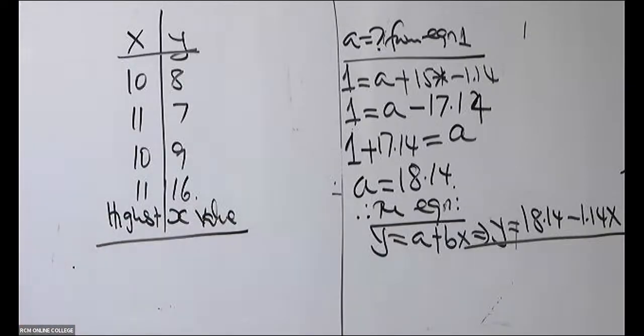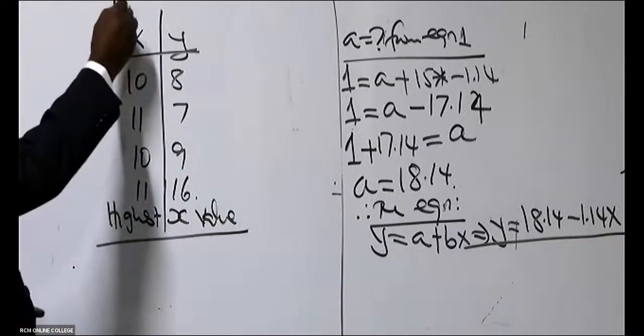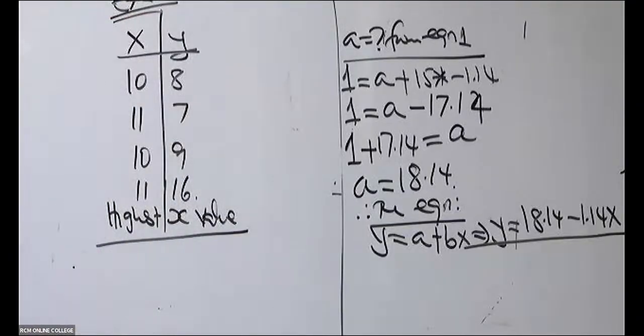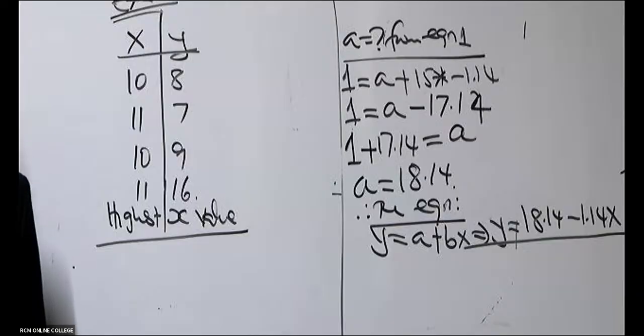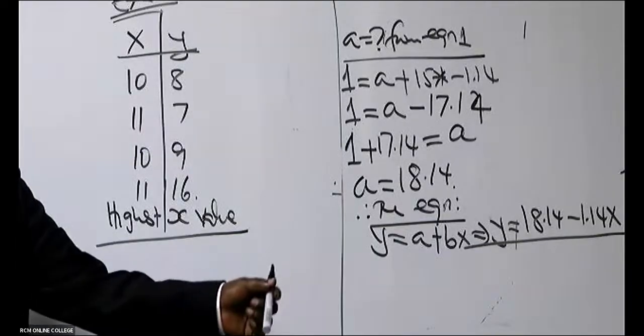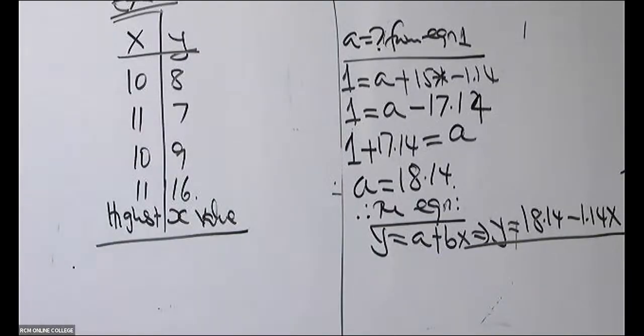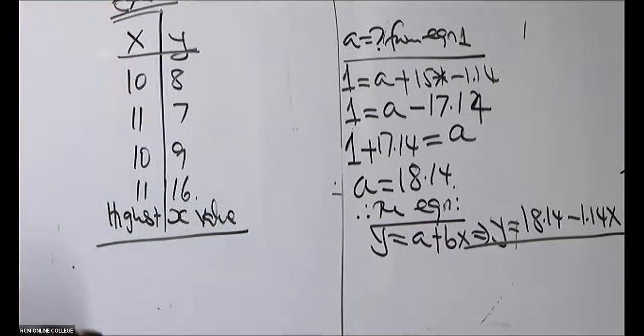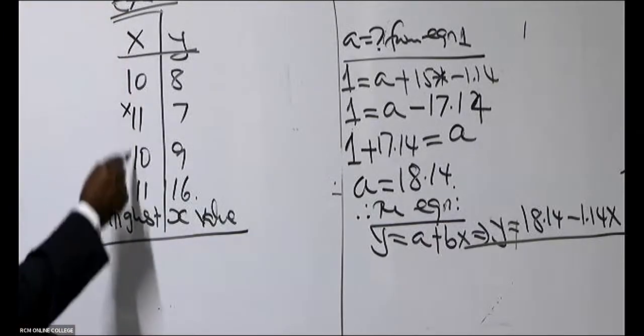This is exercise 2. The time when this examiner brought this kind of question, he was able to fail over 50% of the students. So in this case, the highest, there are 2 of them, isn't it?